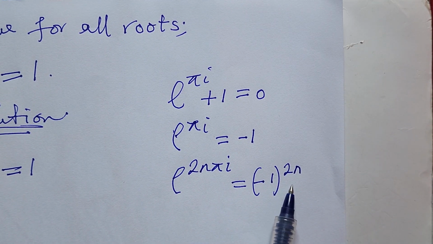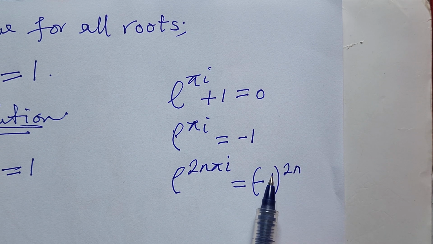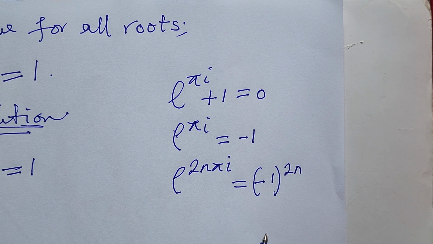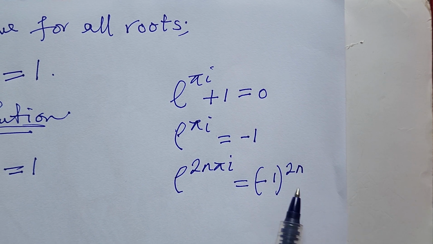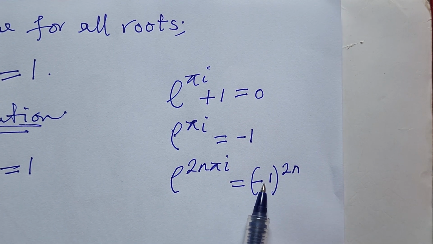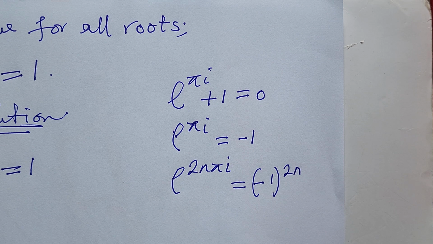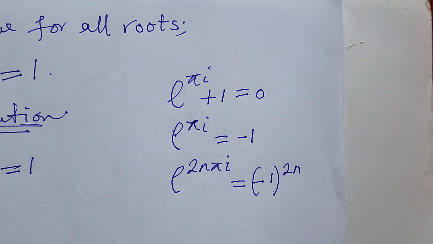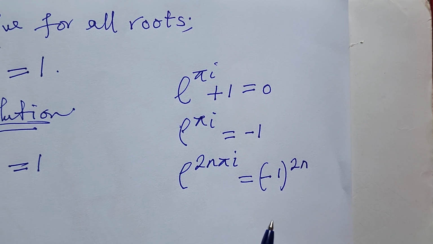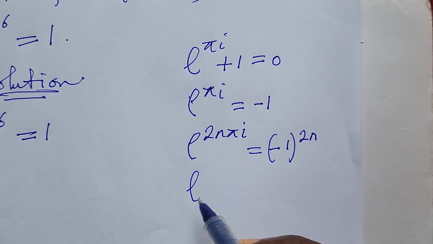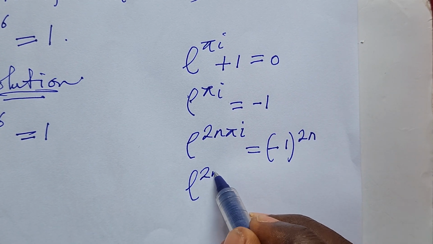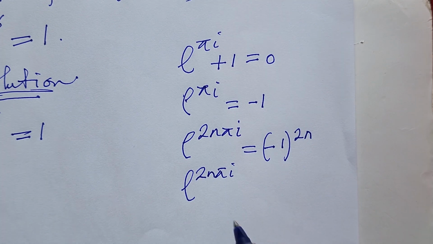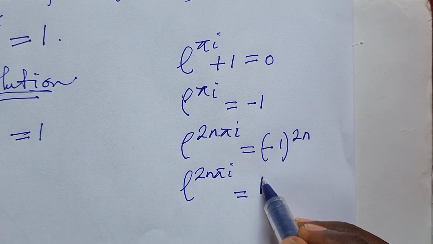Now, if we apply the law of indices, we can raise this minus 1 to this 2, and that will give us positive 1. So we are going to be left with 1 to the power of n, and 1 to the power of anything will give us 1. So with that, we can now rewrite this as e to the power of 2n pi i equal to 1.